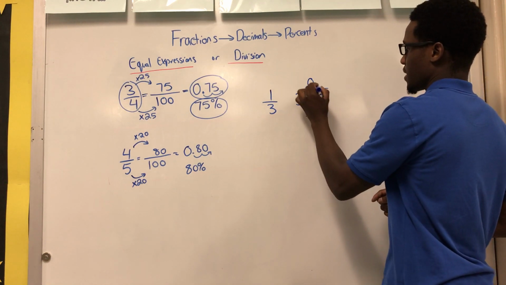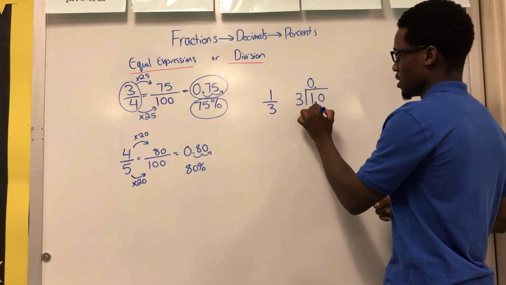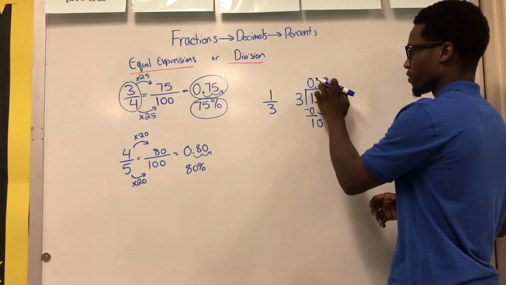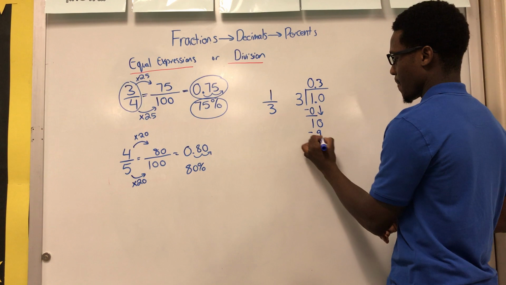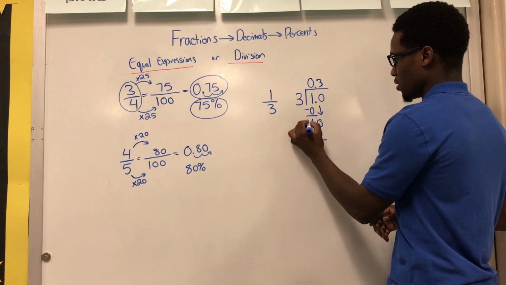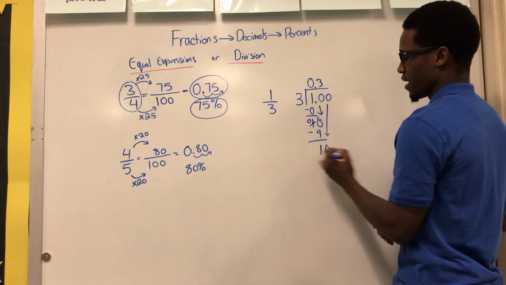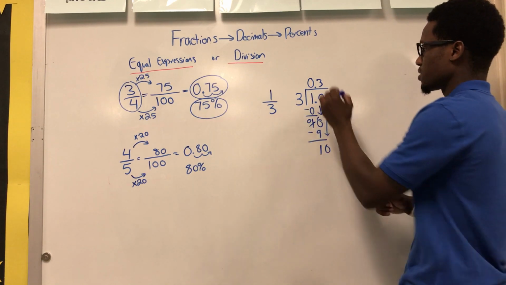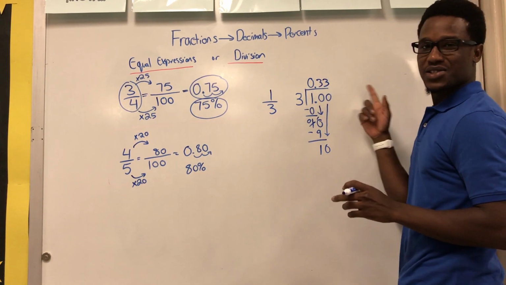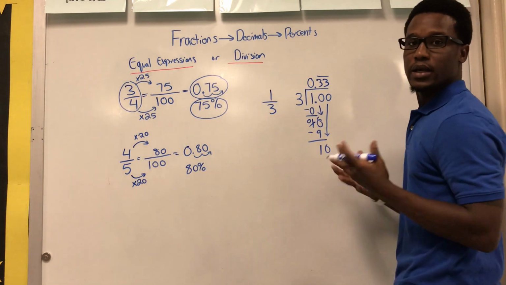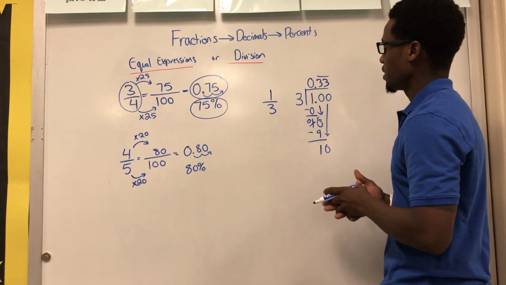So I'm going to add that and then place my decimal. 0 comes down. 3 goes into 10 3 times. 3 times 3 is 9. And then we have to add another 0 because we have a remainder. Same thing, 3 goes into 10 3 times, and it looks like this is just going to keep repeating. Now, I could put a line here to show that it is repeating.